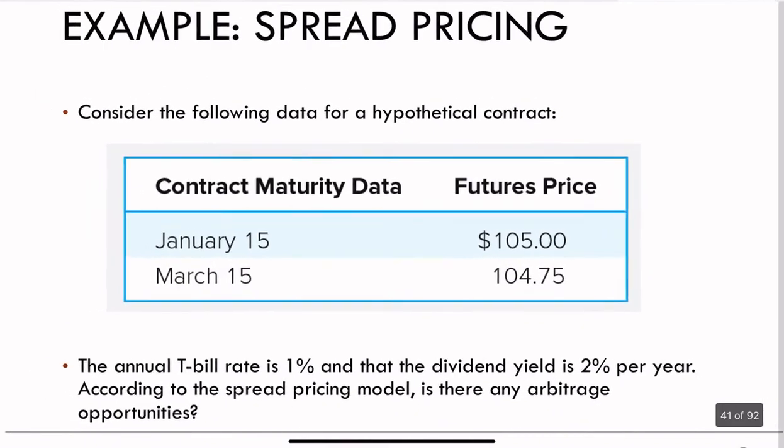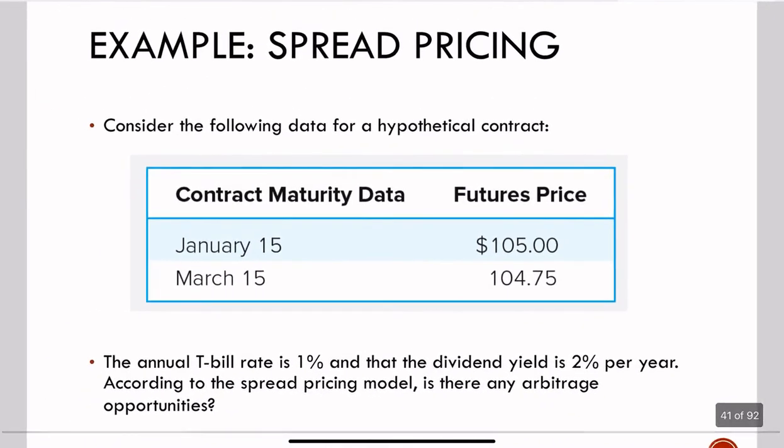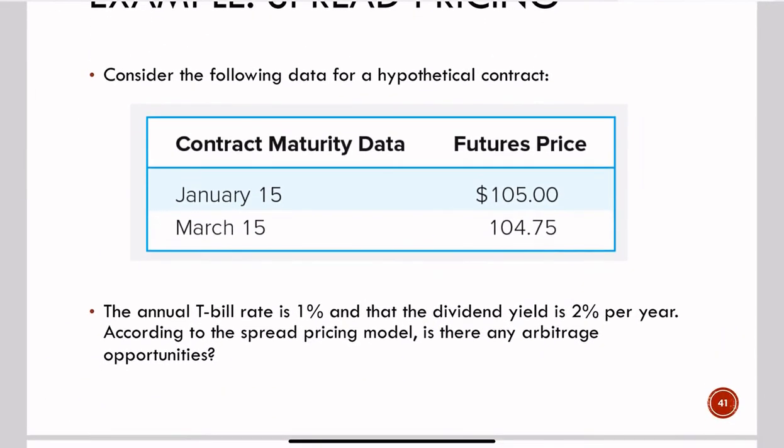Okay, now let's look at this example here. So let's say we have two contracts, right? They have different maturity. This one matures in January. The second one matures in March.